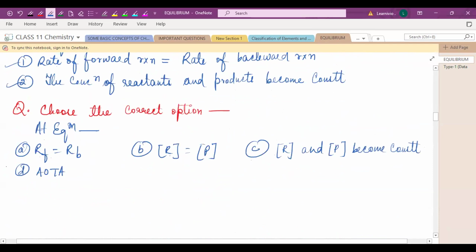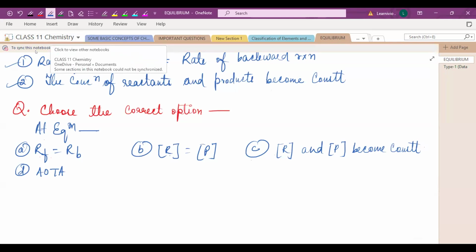Okay, if it is clear, then choose the correct option. A is RF, means the rate of forward reaction is equal to the rate of backward. B is the concentration of reactant is equal to the concentration of the product. C is concentration of the reactant and concentration of the product become constant, and D is all of the above. A and C, ma'am. Is it all of the above? No, it's not all of the above.